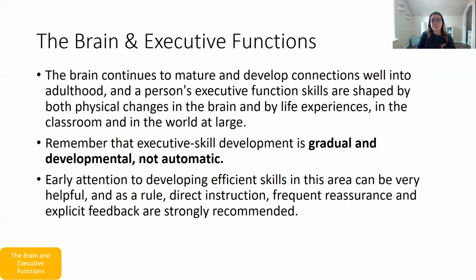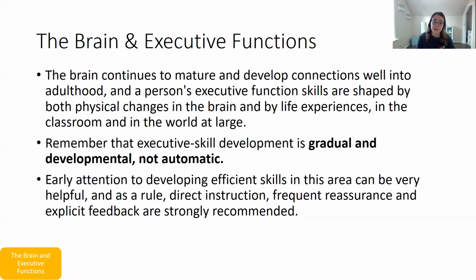Okay, so it's important to remember that our brains grow and mature and develop connections well into adulthood. I think the prefrontal cortex actually isn't done being developed until the mid-20s. So a person's executive functioning skills are shaped by physical changes in the brain and life experiences that happen in the classroom and in everyday life.